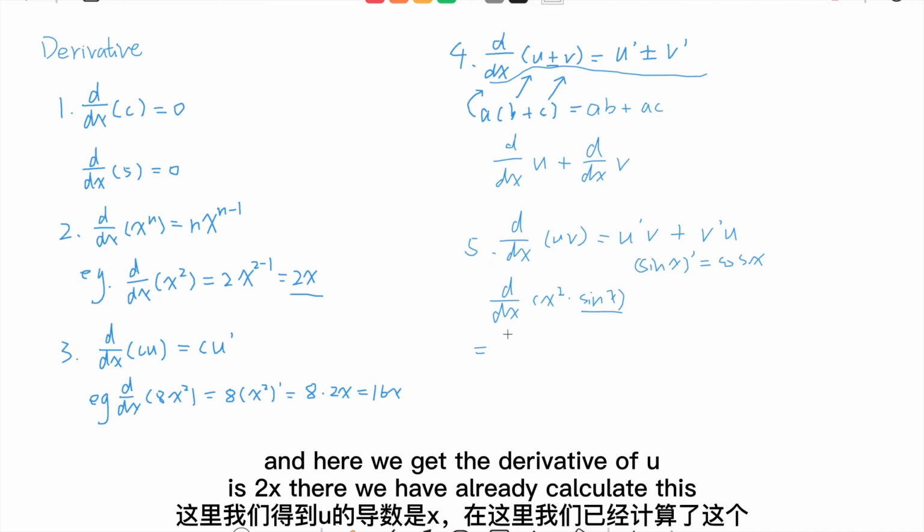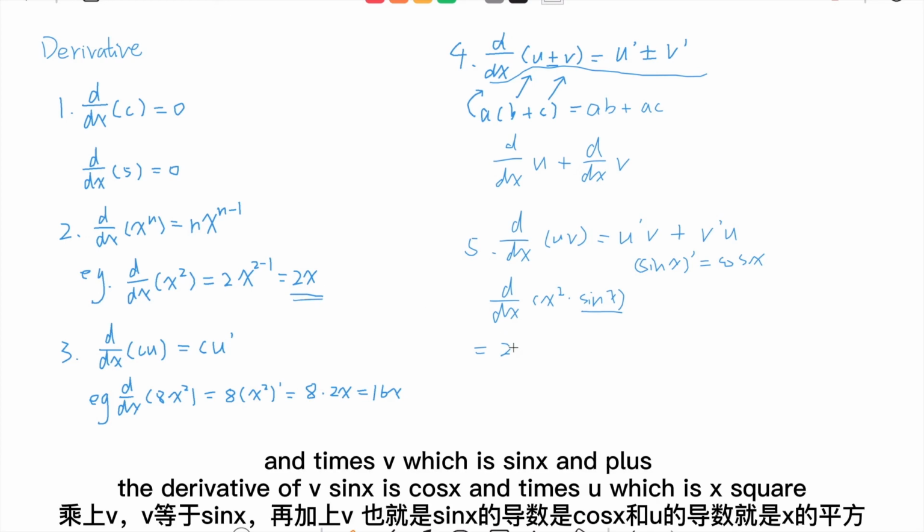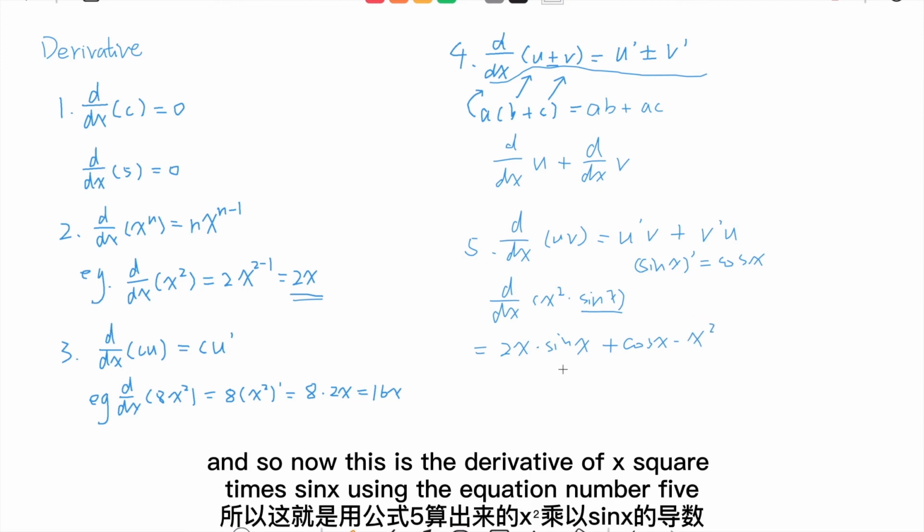The derivative of u is 2x, which we have already calculated, times v, which is sine x, plus the derivative of v, which is cosine x, times u, which is x squared. So this is the derivative of x squared times sine x using equation number 5.